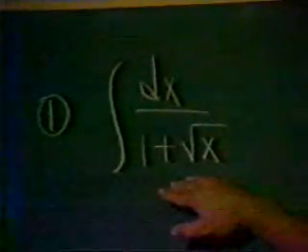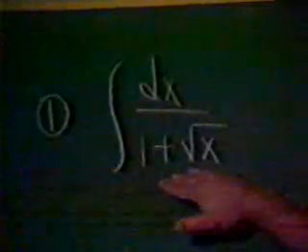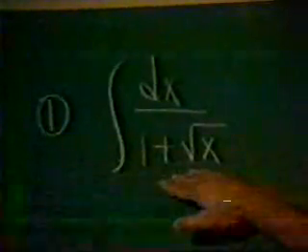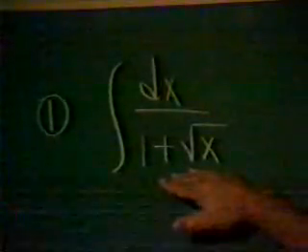Well, one thing that we can do, the item that seems to be giving us trouble is the square root of x. And so we might think to ourselves, if only the square root weren't there, then perhaps I would have a chance to take the antiderivative. Well, that type of thinking leads to a change in variable.